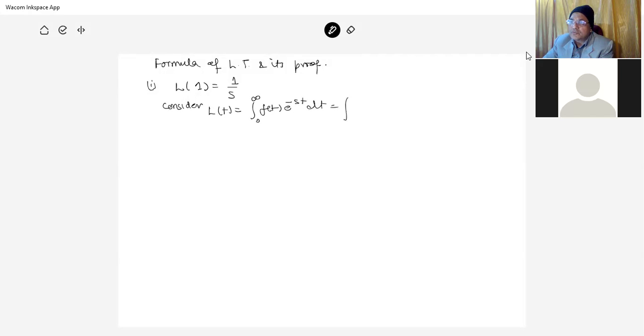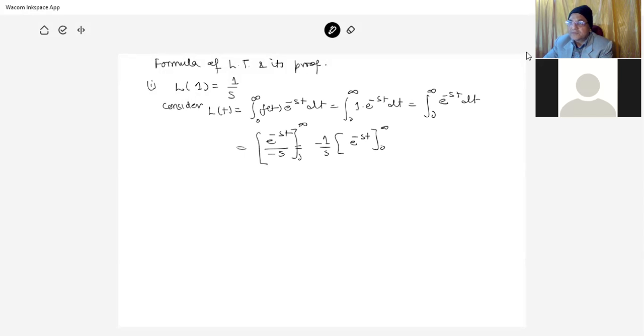So in place of f of t, we have 1, and that is the integral from 0 to infinity of e raised to the power minus st dt. Integrating this gives e raised to the power minus st upon minus s, so minus 1 by s, e raised to the power minus st from 0 to infinity.